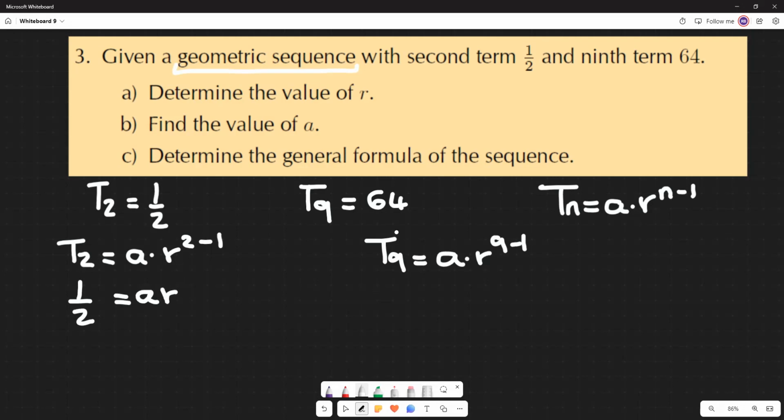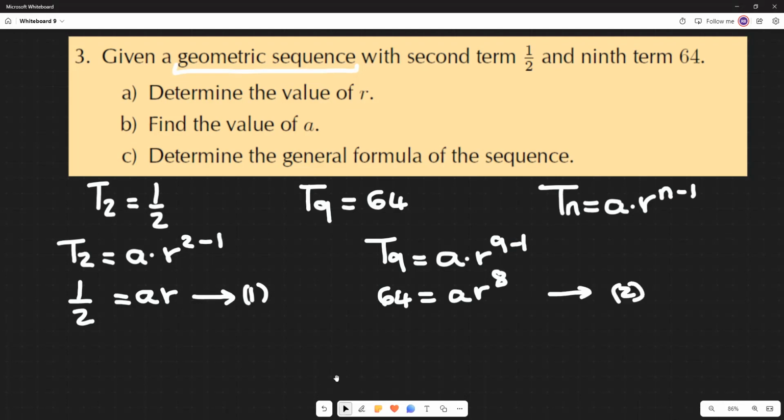Term 9 is 64, which is the same as A R to the power of 8. Now, once you are on this step where you have substituted both the n and the value, you can declare that this is your first equation and this is your second equation.